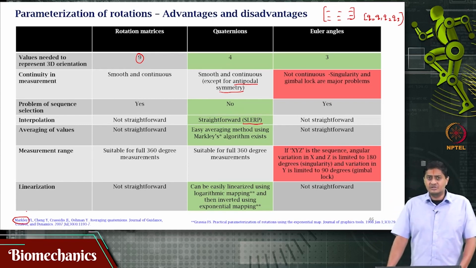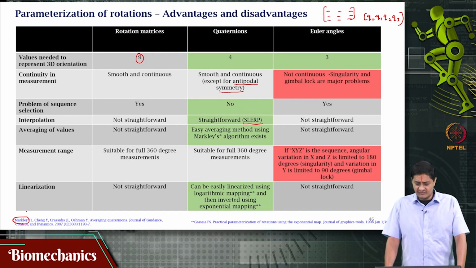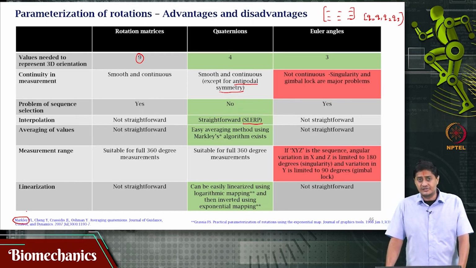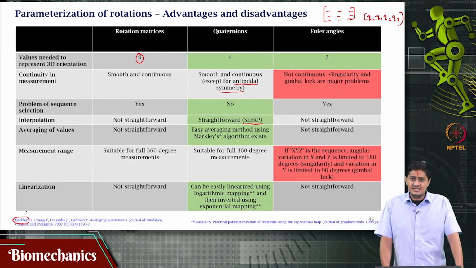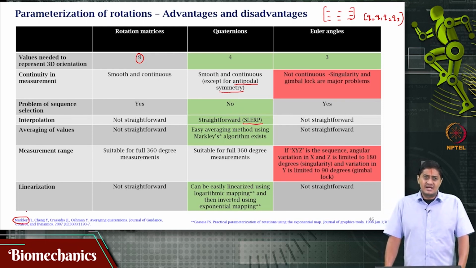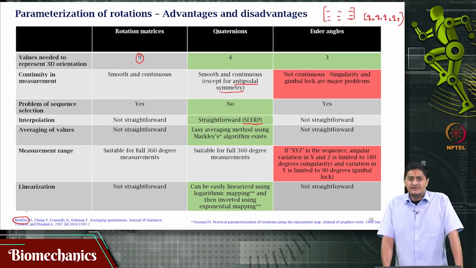That algorithm is used to average the quaternions. What is this algorithm going to do? It essentially creates an eigenvalue decomposition of the set of all quaternions that you want to average, and the eigenvector corresponding to the highest eigenvalue is the average of this.